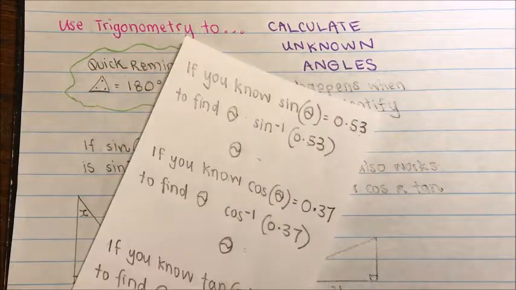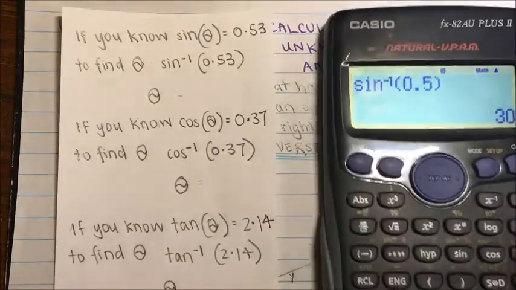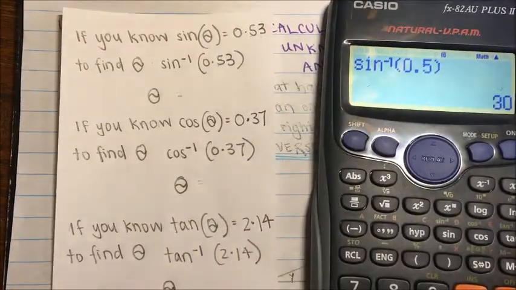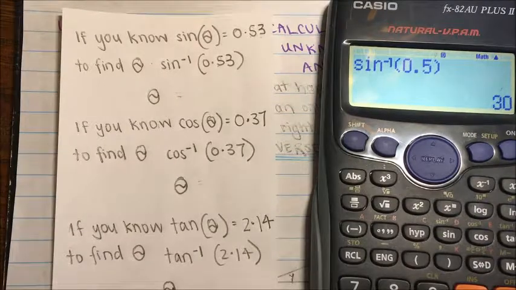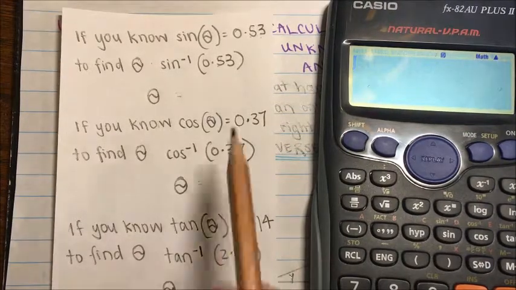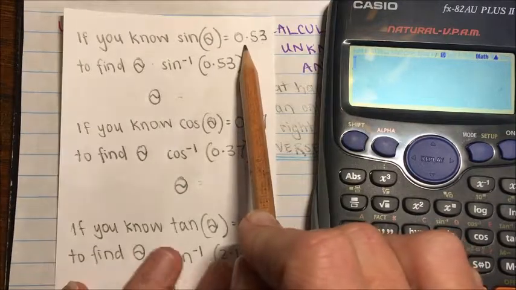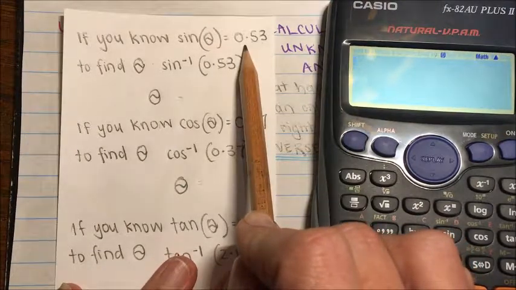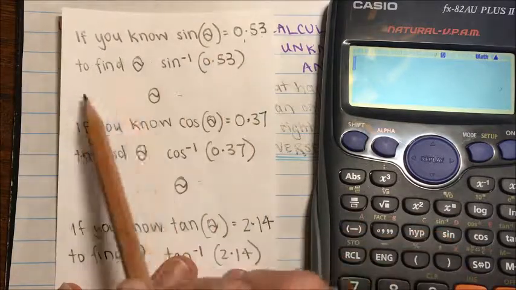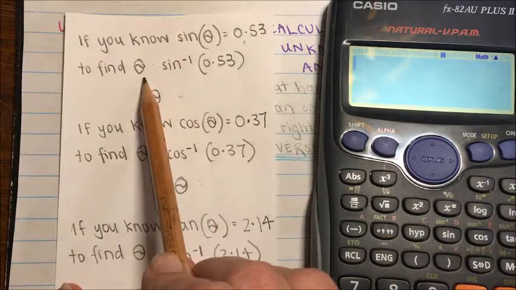All right, let's just practice using our calculator for a second. If you know that the sine, the opposite divided by the hypotenuse, gave you 0.53, so you divided your opposite by your hypotenuse and you got 0.53, and now you want to work out the relevant angle, that reference angle.